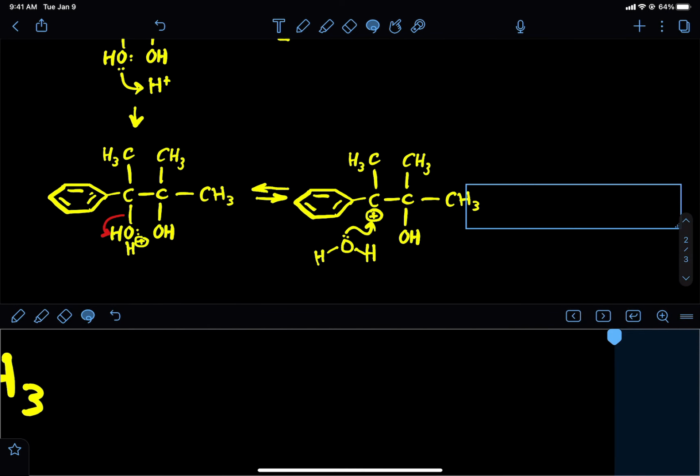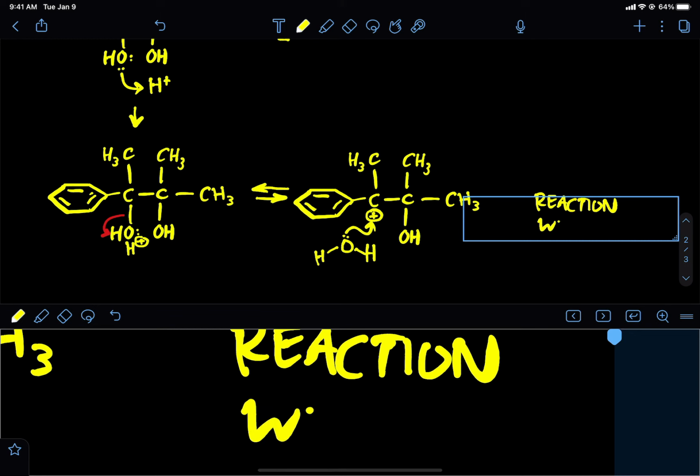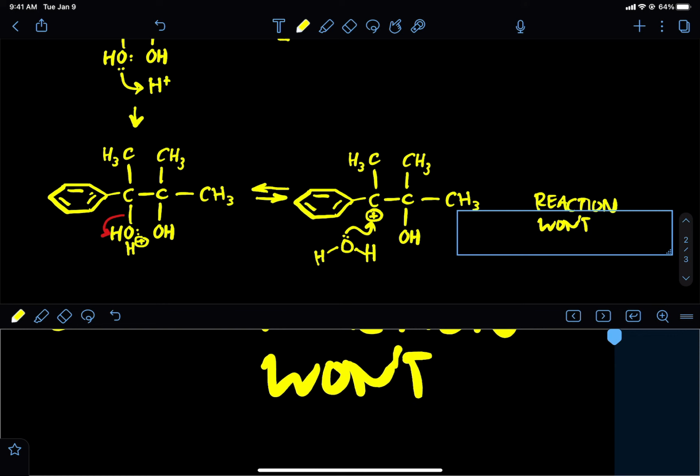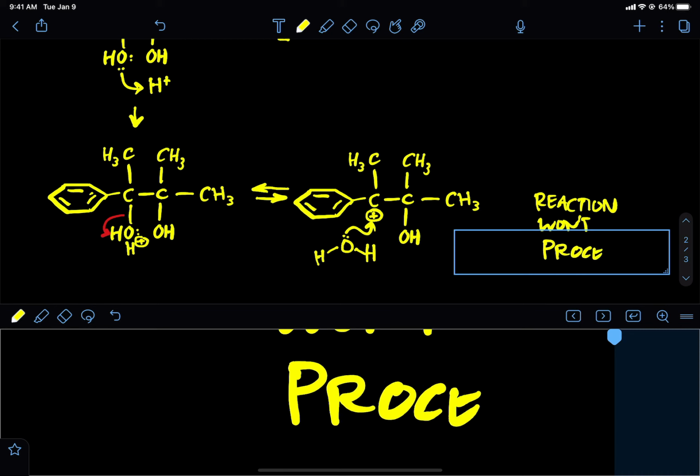We'll say reaction won't proceed, essentially the carbocation's too stable. It's got nowhere to go. And so nothing's going to happen.